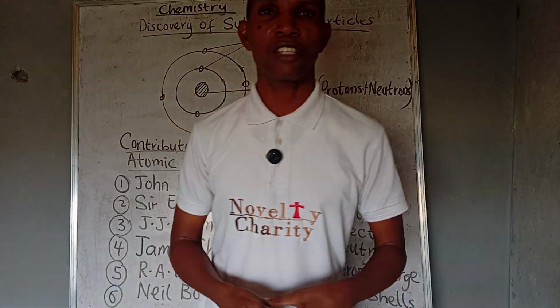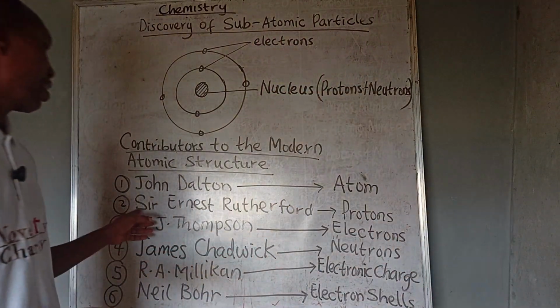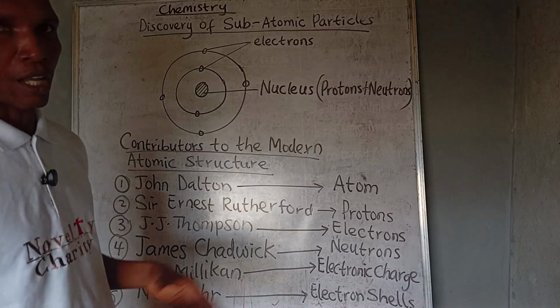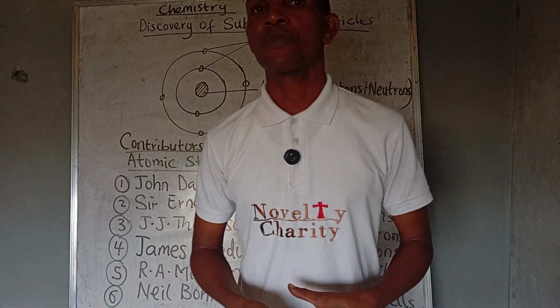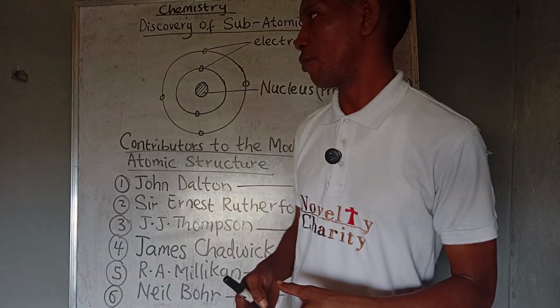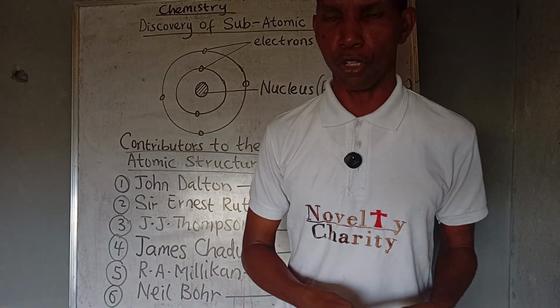But years later, other scientists like Sir Ernest Rutherford, J.J. Thomson, James Chadwick, and the rest of the scientists you can see on the board, made some vital discoveries which led to the modern atomic structure.